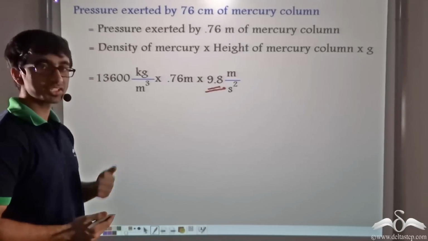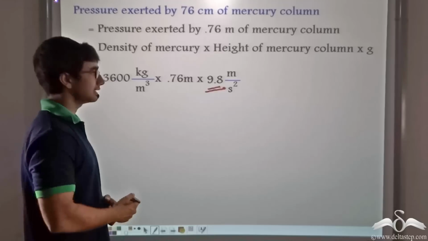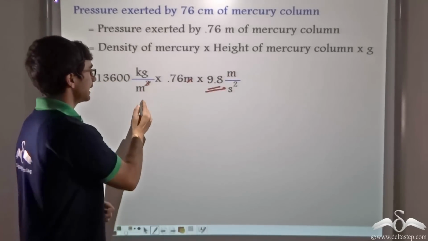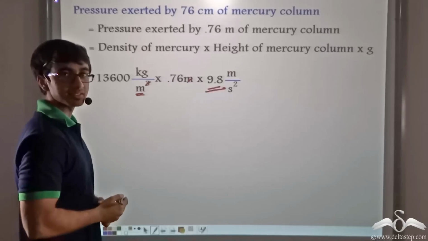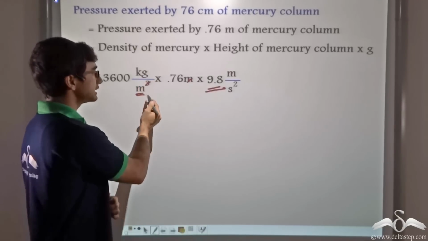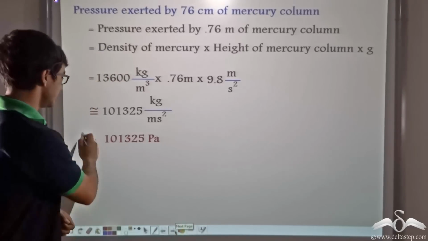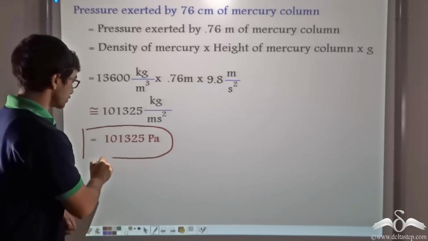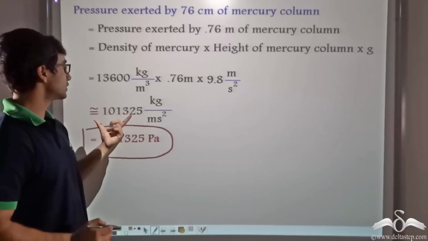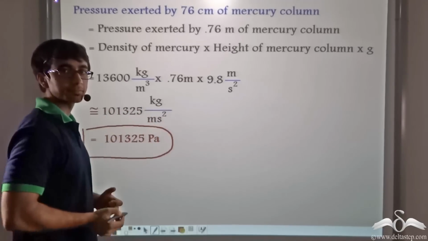So once this calculation is done, what is the result we are obtaining? Firstly, we find that 2 meters over here are getting cancelled and 1 unit meter remains. So the resulting unit that we get will be kg per meter per second square. And the quantity that we get is 101,325 pascals, or 101,325 kilograms per meter per second square.